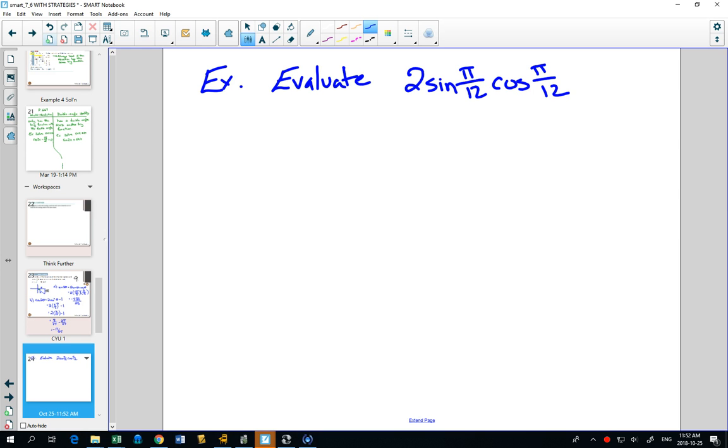It's a pi over 12 question, someone said. Perfect. If this was a pi over 12 question, pi over 12 questions are usually worth 3 or 4 marks on an exam. And this one has how many pi over 12s? 2. So if you thought of this as a pi over 12 question on an exam, this would be worth either 6 or 8 marks. I've seen this on the exam. It's worth 2 marks.